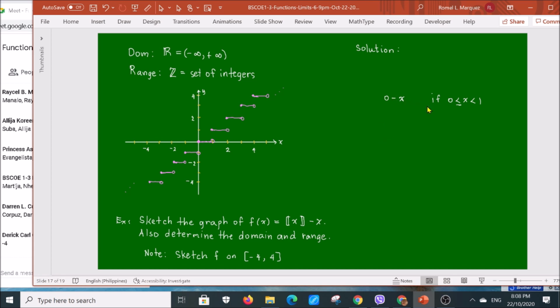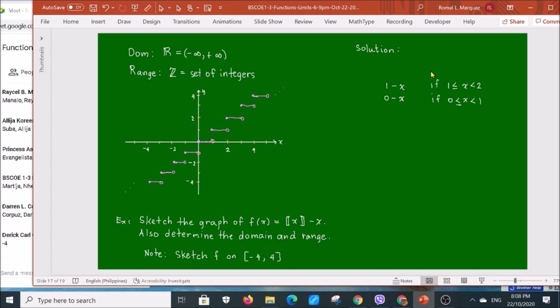What about if x is between 1 and 2? If x is 1 or less than 2, it is always 1. But this can vary. So it's still x. So this is always 1 in this interval, minus x.